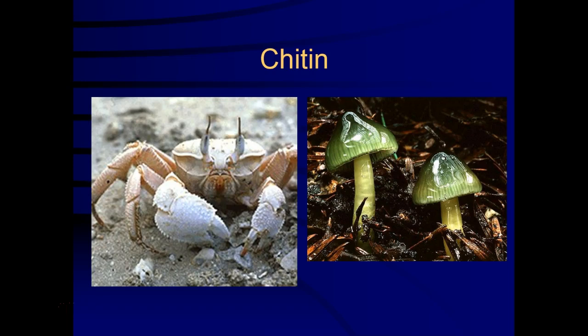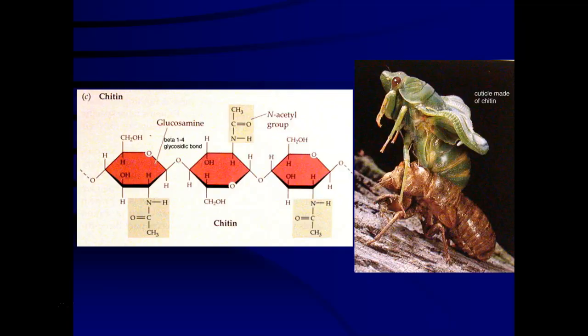So let's talk a little bit about the structure of this, and you'll realize very quickly that it looks a lot like cellulose. So, again, our monomer is going to be beta glucose. It's just beta glucose, just a long chain. You'll also notice that it doesn't branch.